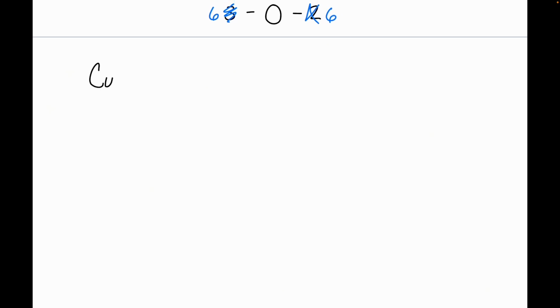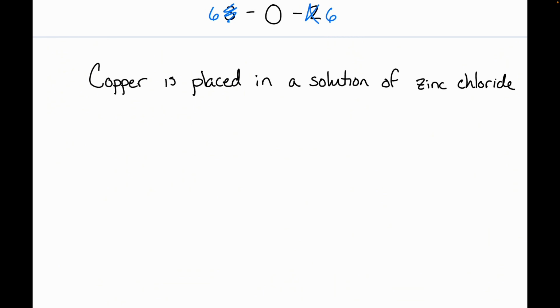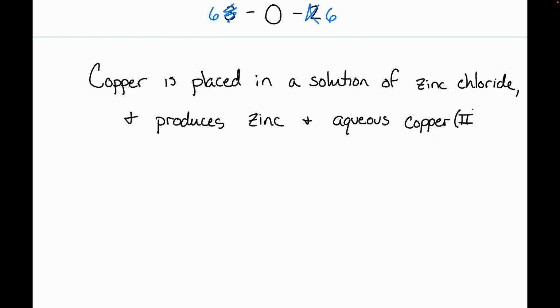We're going to, again, build a balanced chemical equation here. So it turns out that if you take copper and you put it in a solution of zinc chloride, that strip of copper is actually going to dissolve into that solution, producing solid zinc and aqueous copper(II) chloride.